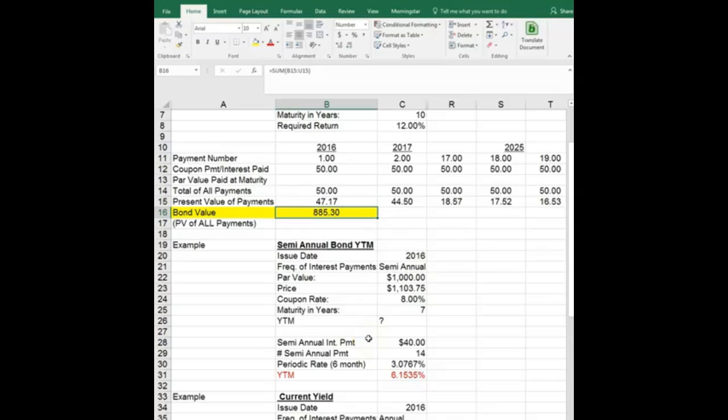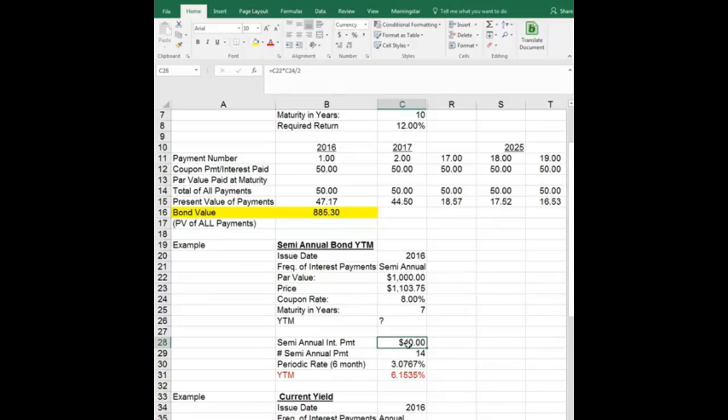Again, going back to Excel for this example, we have an issue date 2016 semi-annual coupon paying bond, par value $1,000, current price of $1103.75, so this is a premium bond. The coupon rate's 8%, and the time to maturity is 7 years. So we want to calculate the yield to maturity.